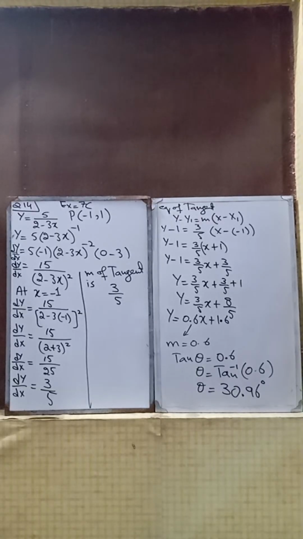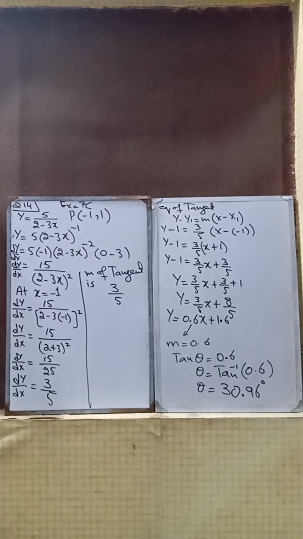You take the gradient of the tangent and make it equal to tan theta, and from there theta equals tan inverse of that gradient, and that gives you the angle that the tangent makes with the x-axis. So I hope you understand. So this was question number 14.